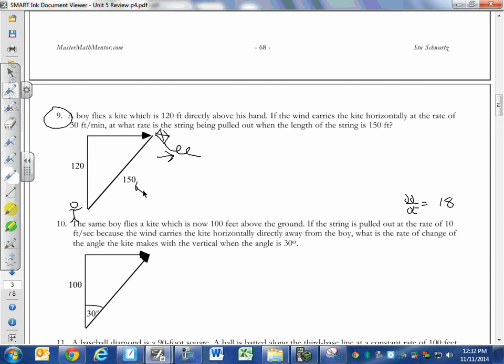This 150 is changing. But this 120, this altitude, is fixed.